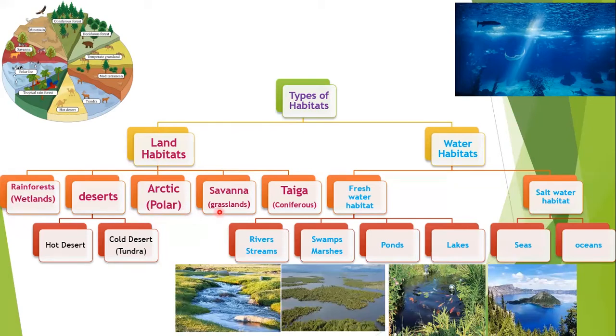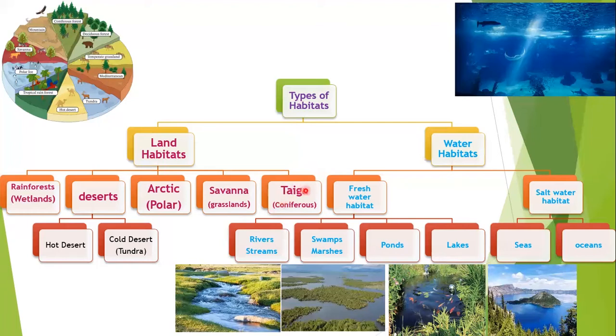What about savanna? Yes, we can call them the grasslands. Savanna is a type of grassland. You can find savanna regions in Africa. Taiga or coniferous, those are what we call the coniferous forest regions, with conifers and pine trees.